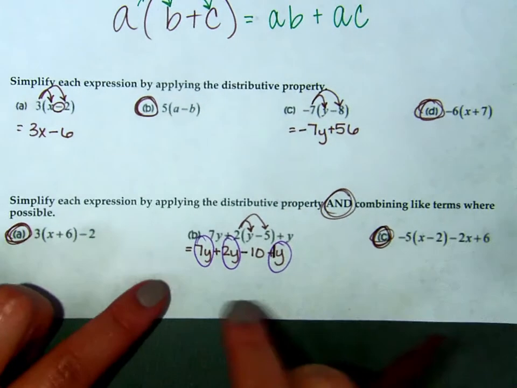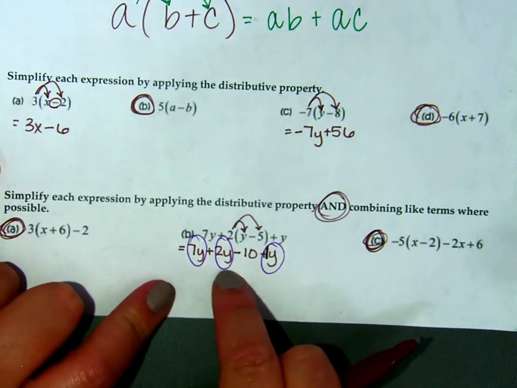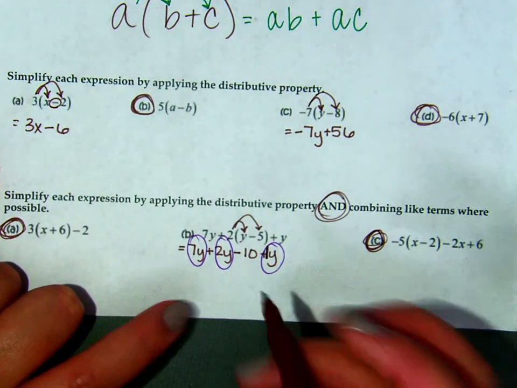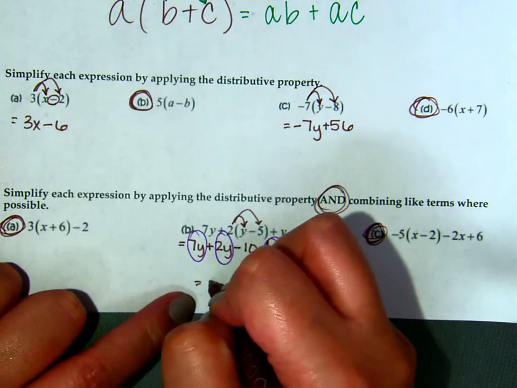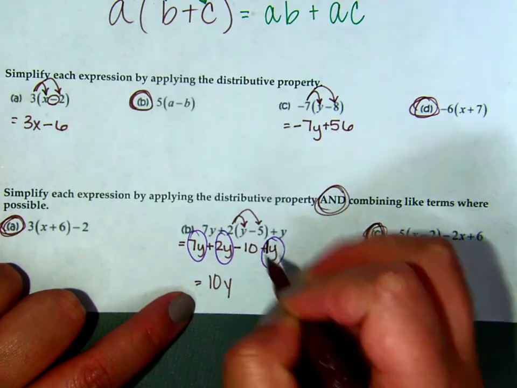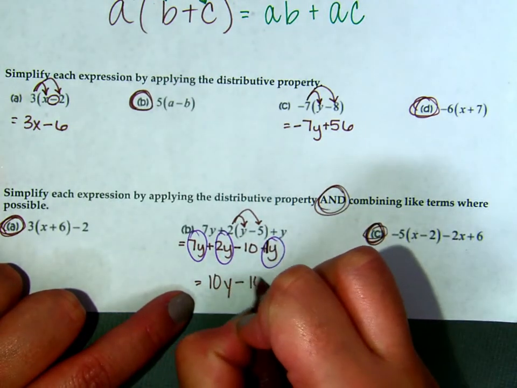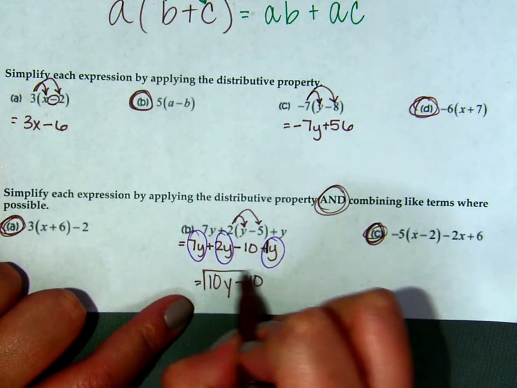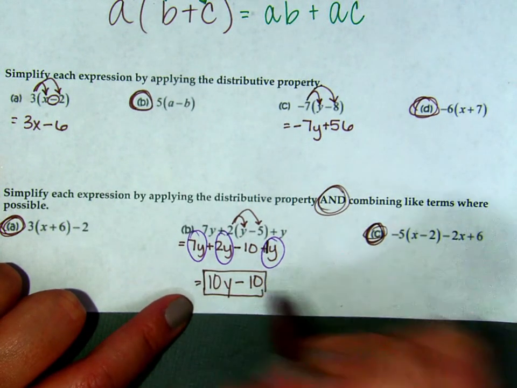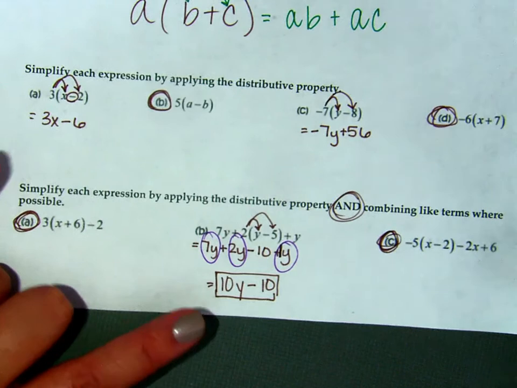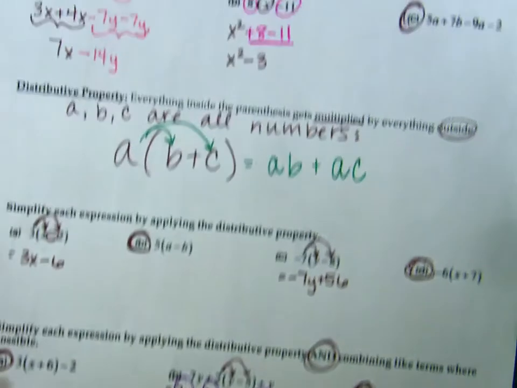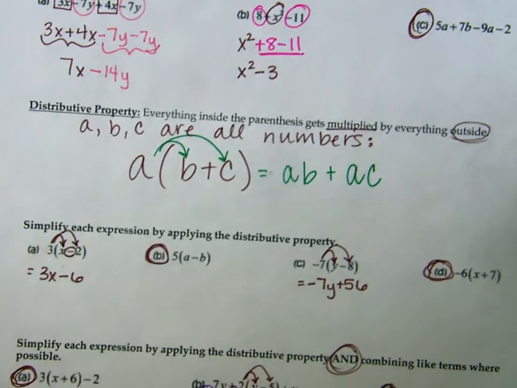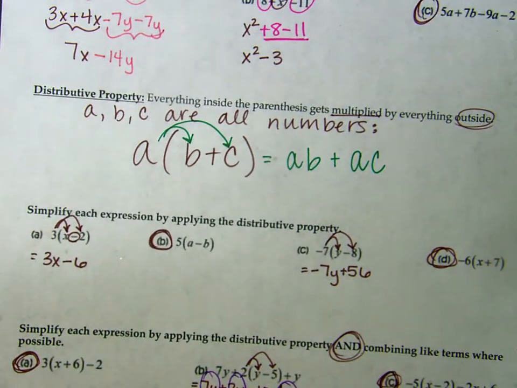So if I have 7y plus 2y plus 1y, that gives me 10y minus 10, because there are no other constants that I need to combine. That is my final answer. All of the problems that are circled, those are the ones I need you to try before class tomorrow. And I hope that you understood what we talked about.